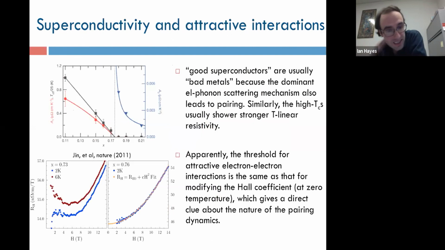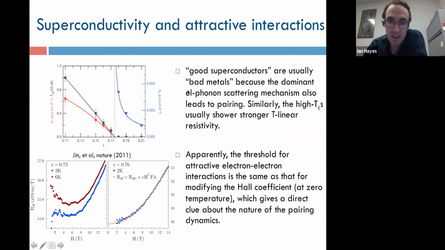The final thing I'd like to say about these results is that they provide potentially more information about the structure of the interaction that is responsible for superconductivity. So there's been a lot of work correlating the T-linear term in the resistivity with Tc, and that's been seen in a lot of materials, cuprates as well as pnictides.